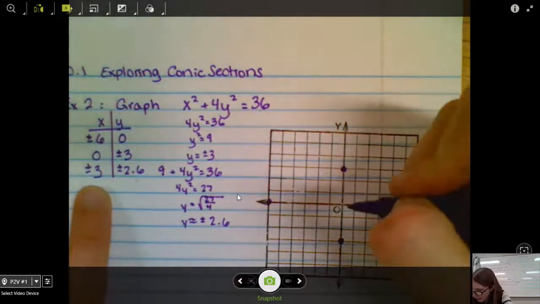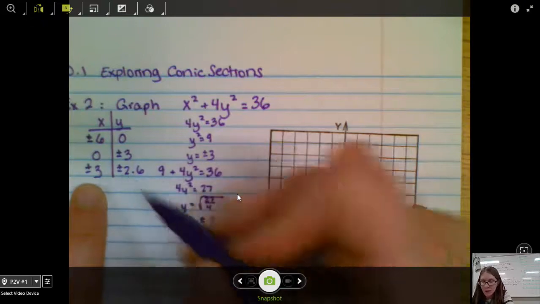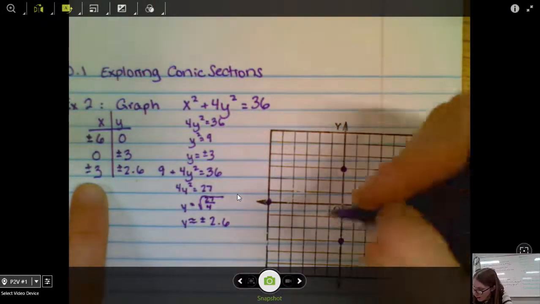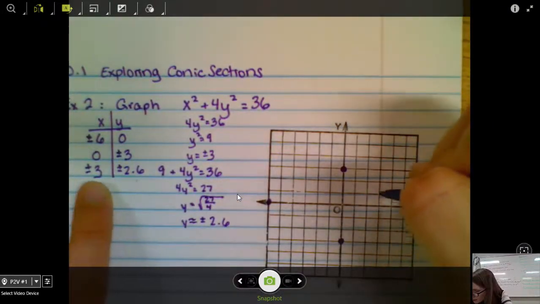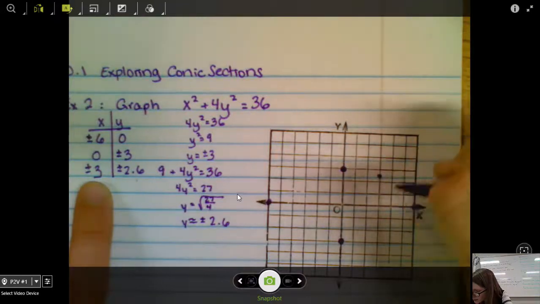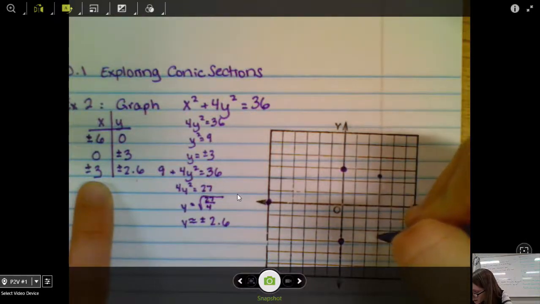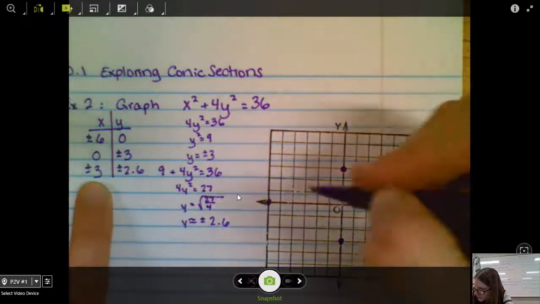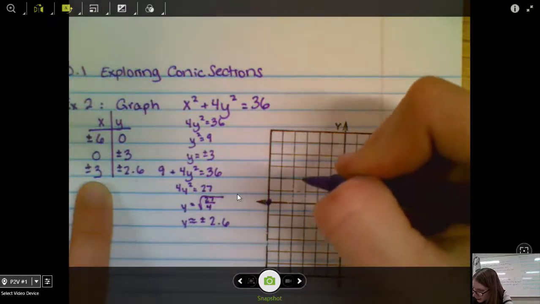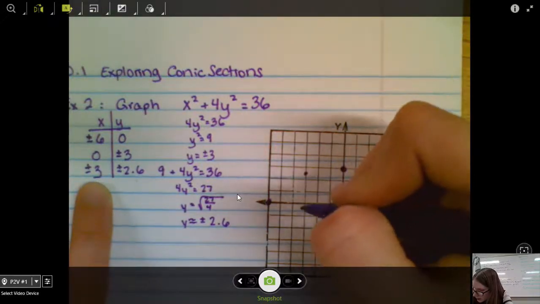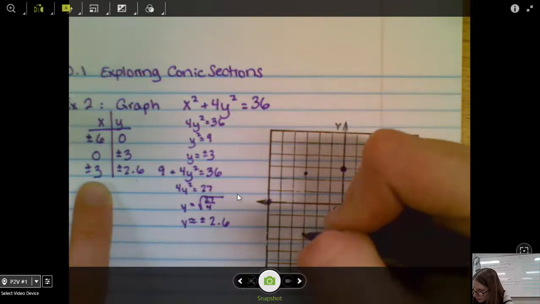And then we could have plus or minus 3, plus or minus 2.6. I could have 3, 2.6, 3, negative 2.6, or negative 3, 2.6, negative 3, negative 2.6.